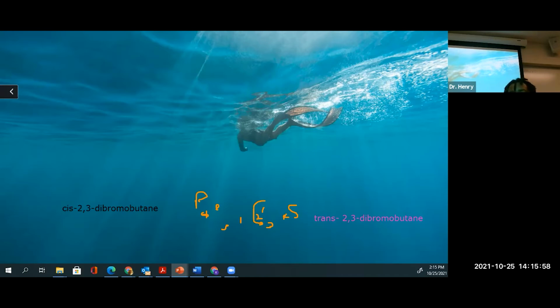But usually you orient it so your H is going in the back. Most cases they have their H's going into the back unless you have something that's trans to each other. Does that make sense? I'll come back to that. Okay, here we go.